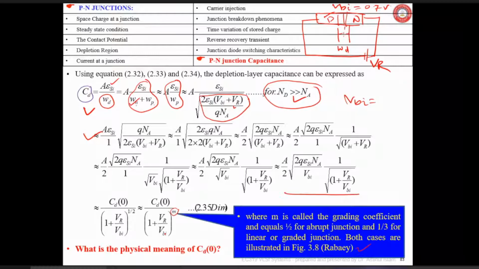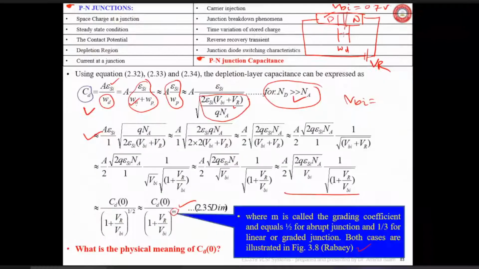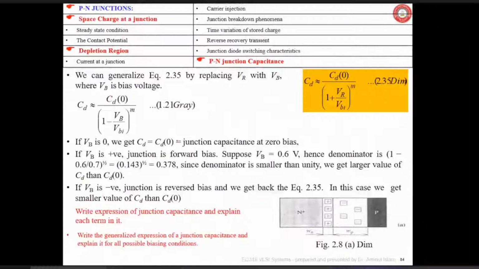M is called the grading coefficient, equal to half for an abrupt junction and 1/3 for a linear or graded junction. This is shown in the figure on the next slide. But before that, what is CD0? Let us discuss it once again in this semester. CD equals CD0 by this expression.